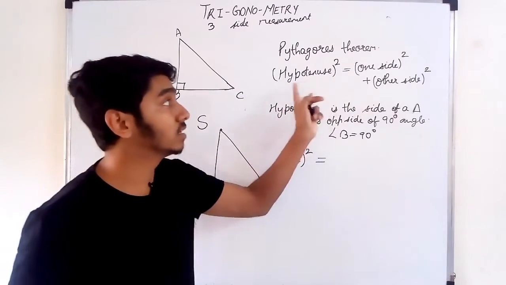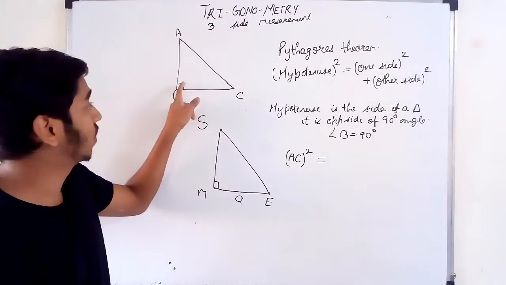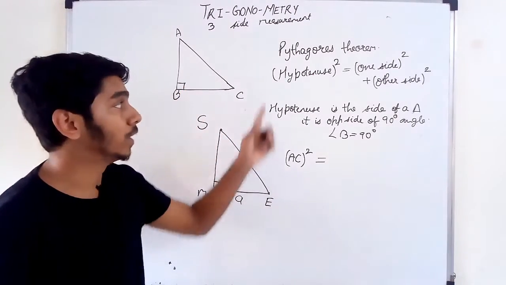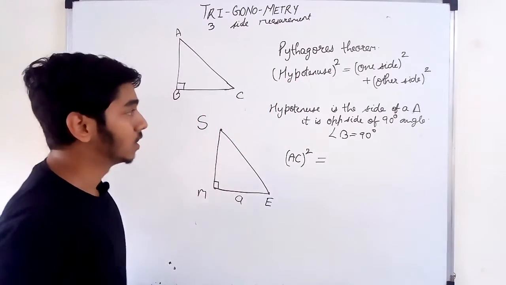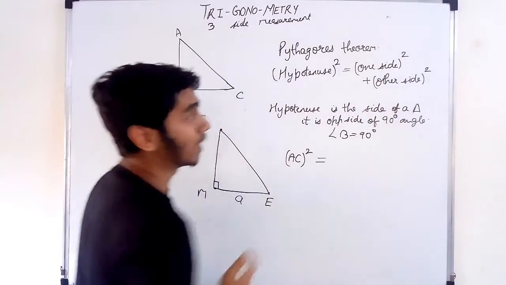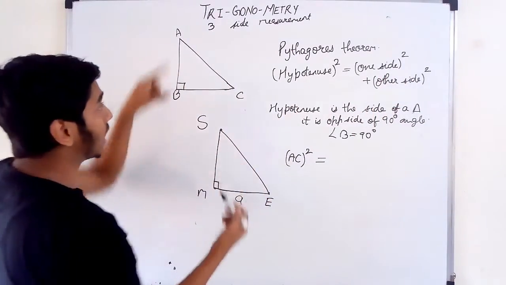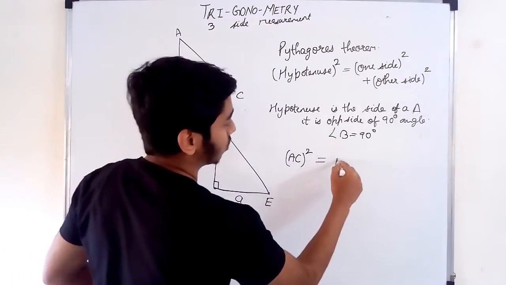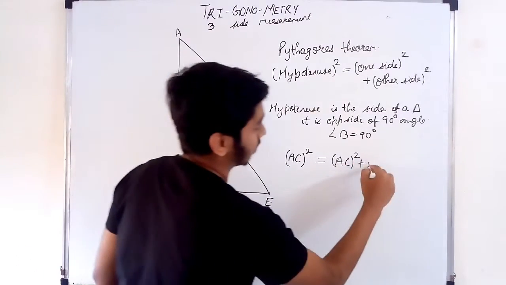So when do we use this Pythagoras theorem? When one of the angles of a triangle is 90 degree. Okay, so I hope you have understood this. Now this AC has been taken, so we can take one side as AB or BC, it's up to you.